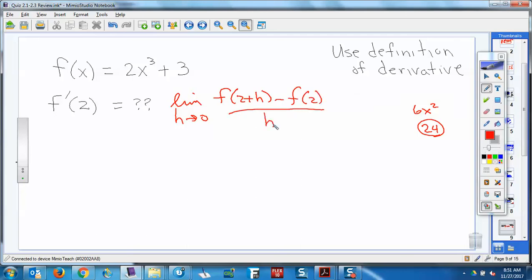Now, at any point, I'll do bits and pieces. If you want to look up here, just to make sure you're on the right track, you can do that.